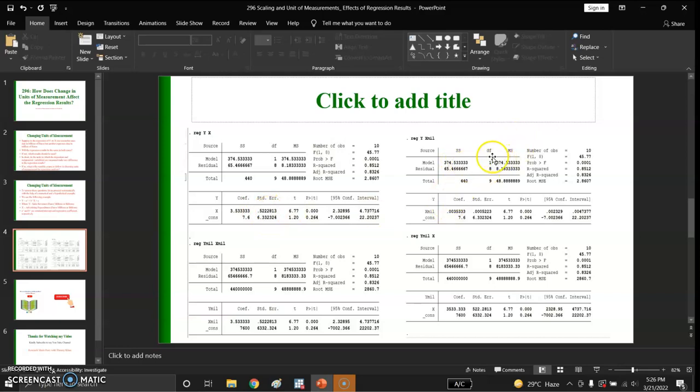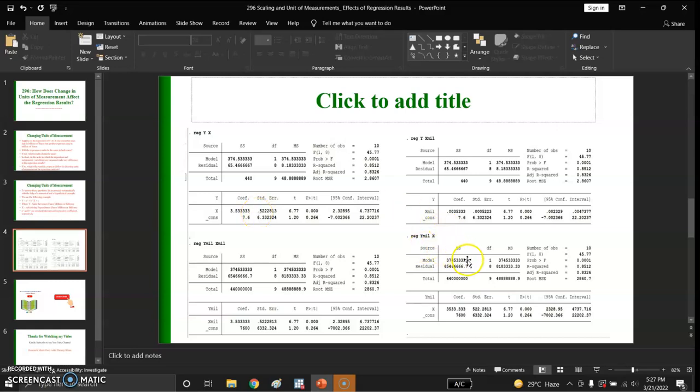Here, in this part, we have regressed y in $1 billion on x in $1 million, and in this case the constant and its standard error remain as before, but the coefficient and its standard error are now 1 by 1000 of the coefficient and its standard error in the original regression.